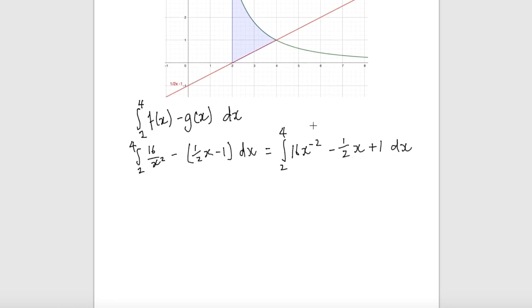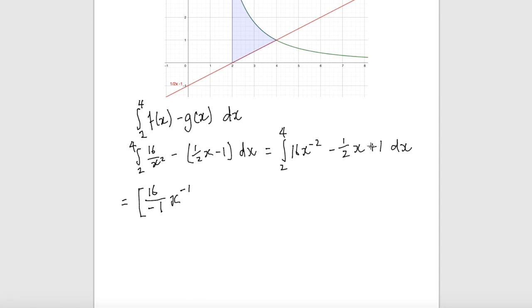Alright, we can give this a shot at integrating now, so we're going to say that that's equal to, alright, so the 16 always goes on top, and then using the power rule, it's 1 over, so the 1's there, but I've just put 16 on top, so it's negative 2 plus 1, so it's negative 1, x to the power of negative 2 plus 1, which is negative 1.